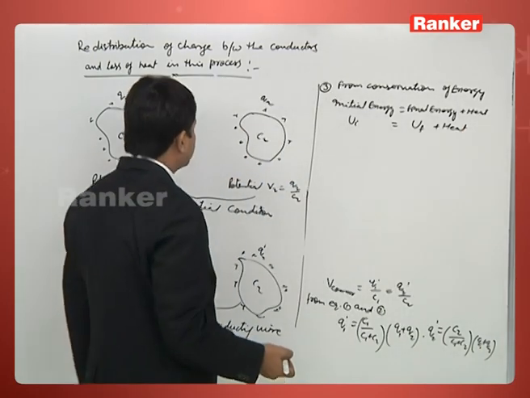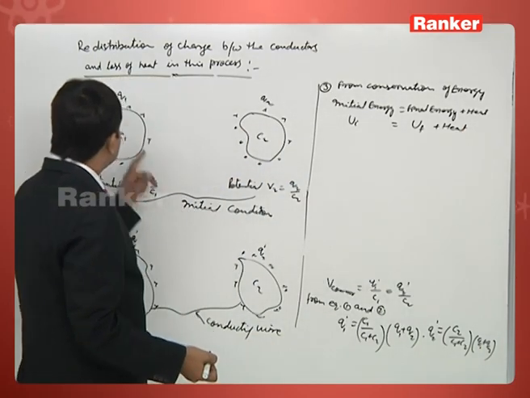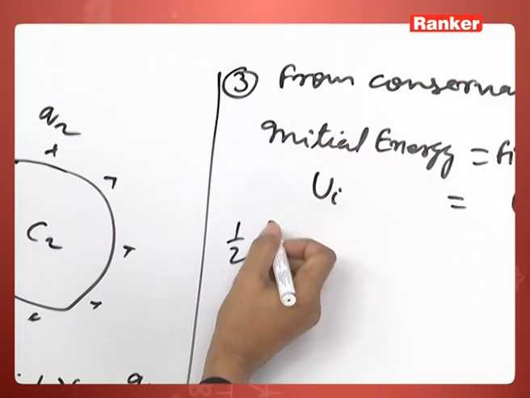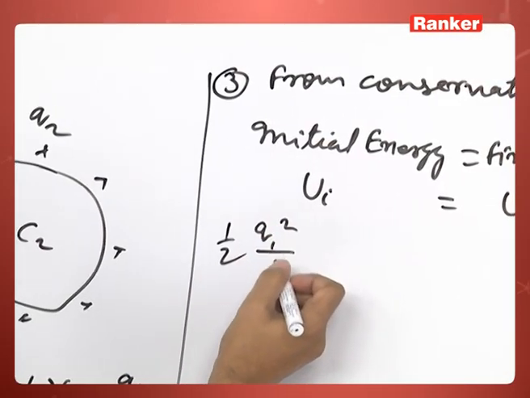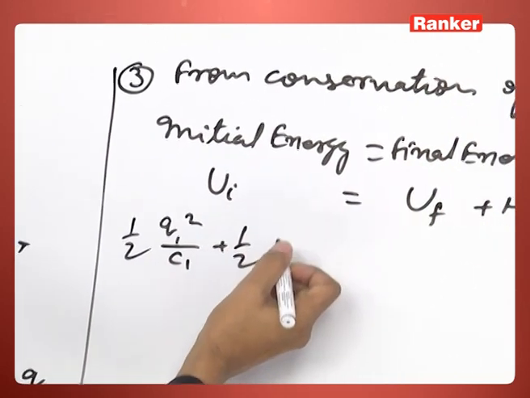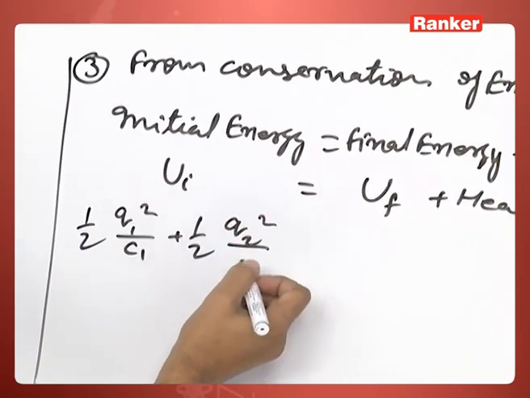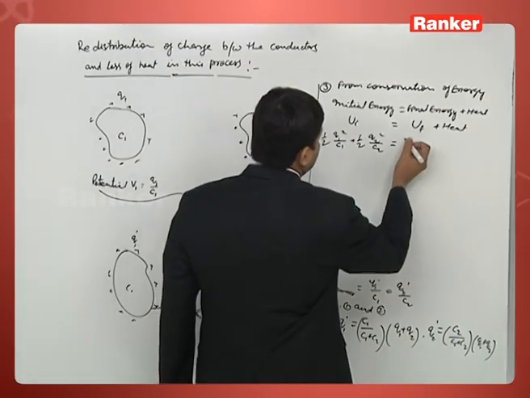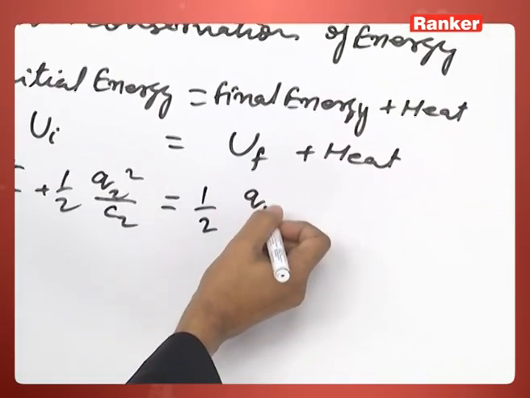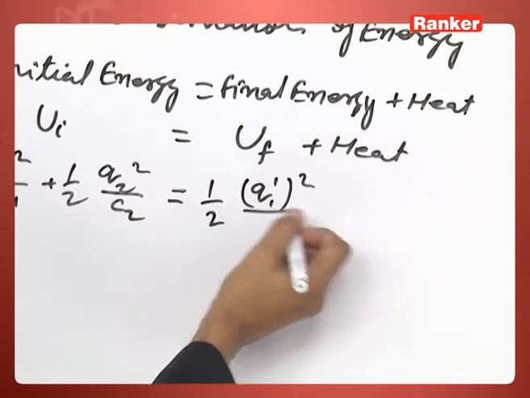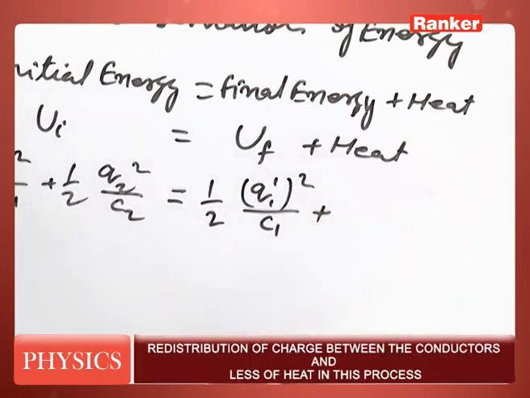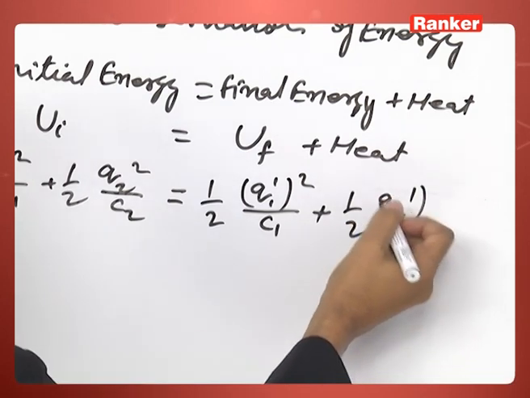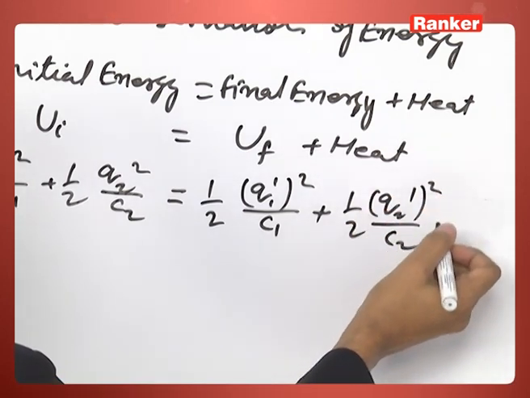U initial. Initial energy means in this position. So half Q1 square by C1 plus half Q2 square by C2. Final energy: half Q1 dash square by C1 plus half Q2 dash square by C2 plus heat.